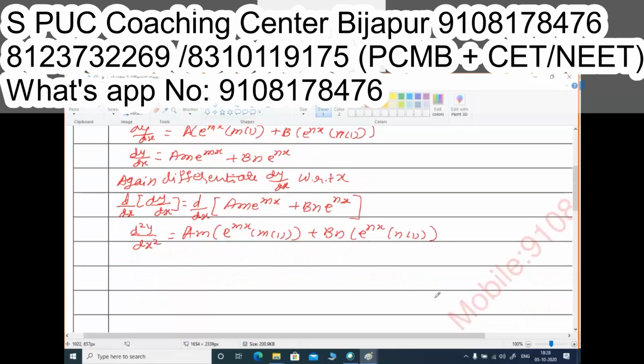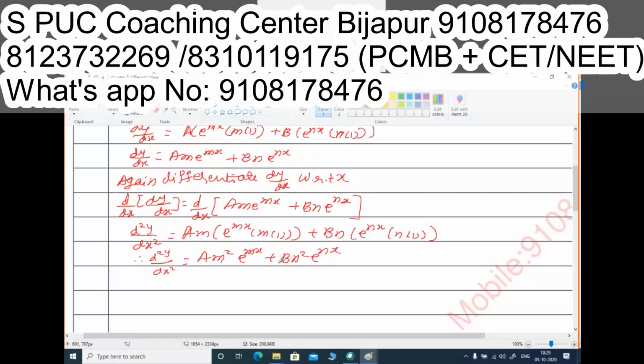Therefore d square y by dx square equals am square e raised to mx plus bn square e raised to nx.